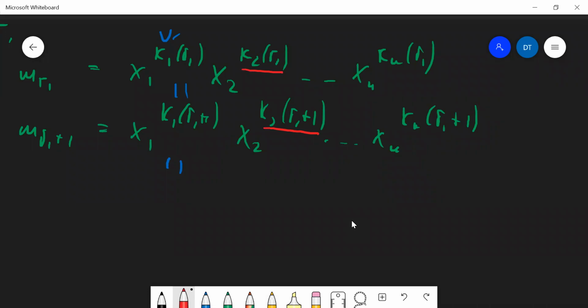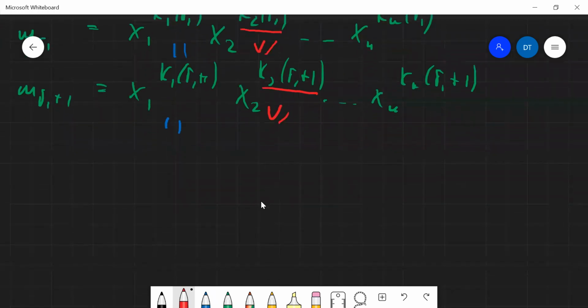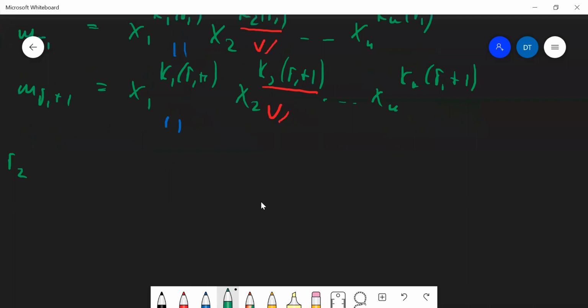And in a similar way, this is a descending, or at least not increasing, chain of natural numbers. So again, we have this comparison between the degrees of x2, and there must exist a number R2 such that for all polynomials from the step R2, so R2 is not less than R1, starting from this guy, all the degrees of x2 are exactly the same.